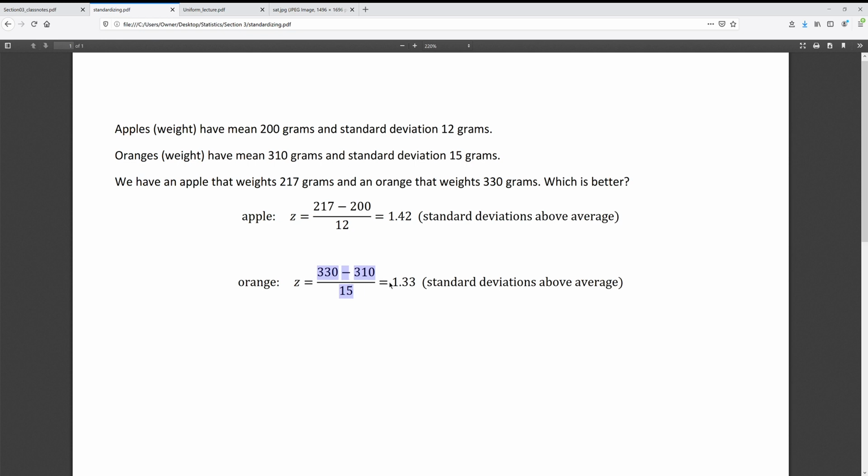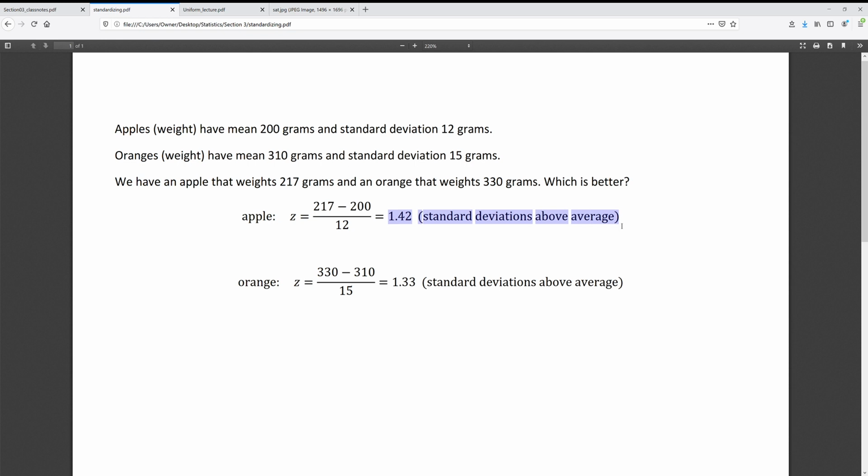So this orange is 1.33 standard deviations above average. So the apple is above average, I mean this is positive, and the orange is above average, I mean this is positive, but this is more positive. So there you go. The apple is a bigger number of standard deviations above average than the orange is.